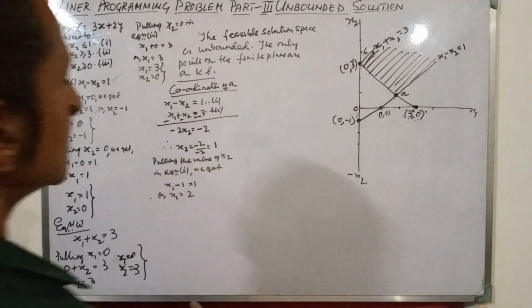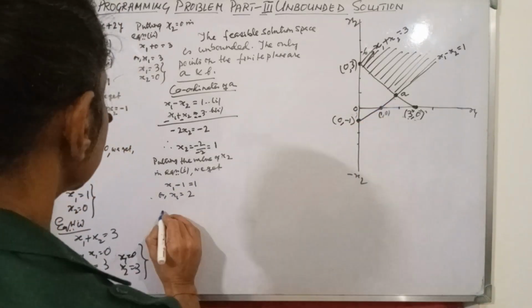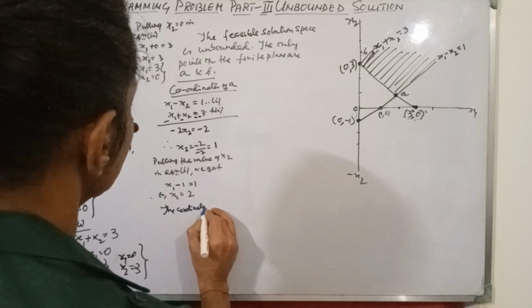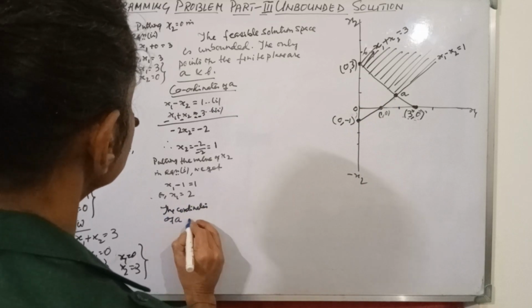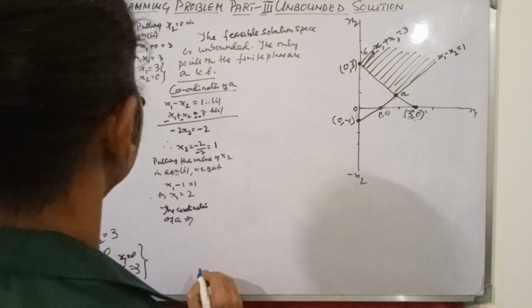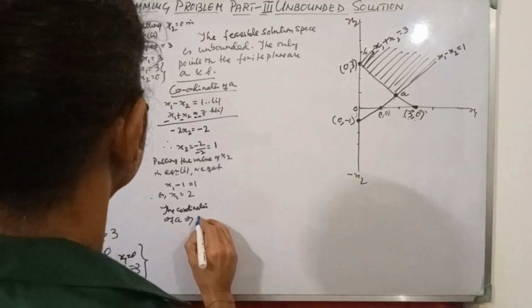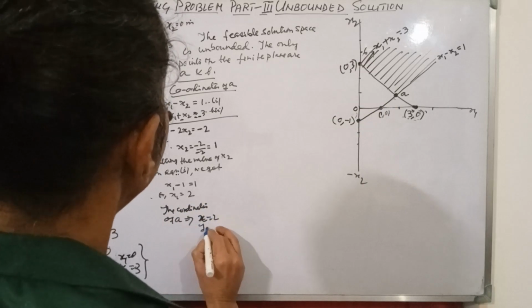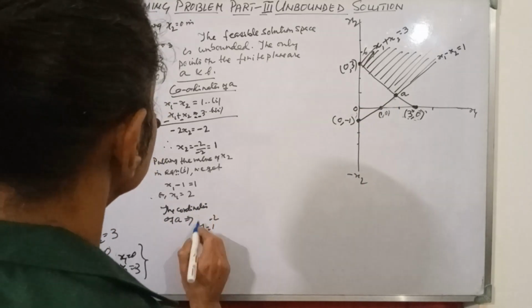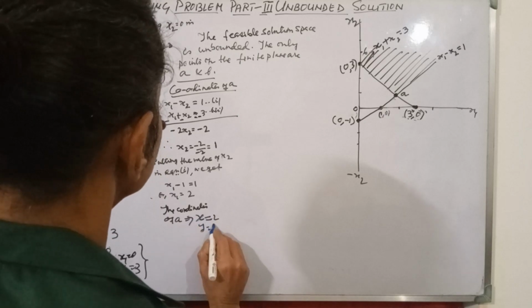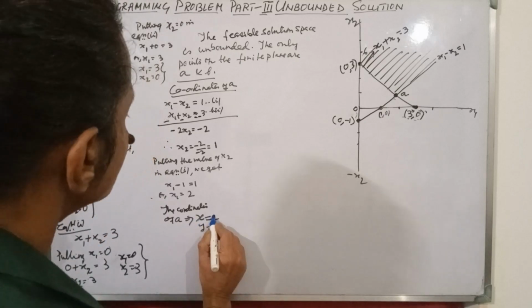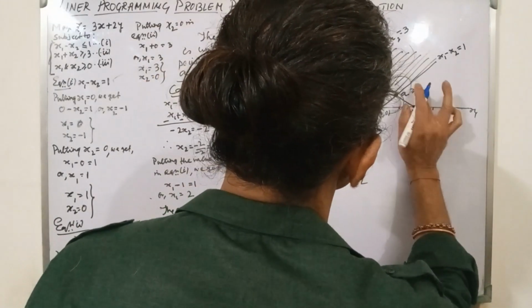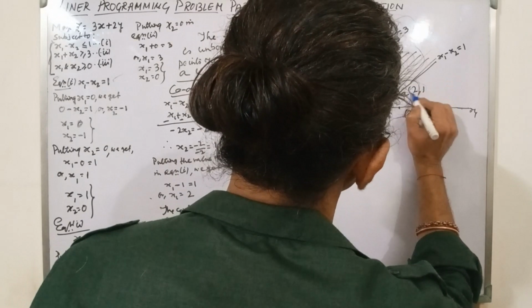So the coordinates of A are x equals 2, y equals 1. This is the coordinate of A, 2 and 1.